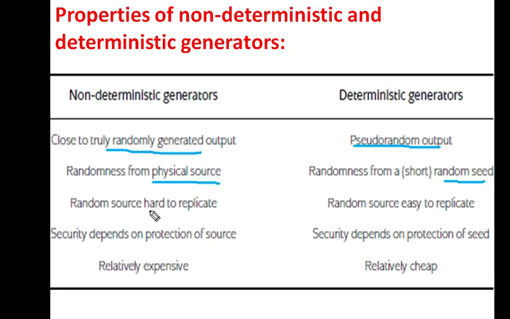A random source is hard to replicate, while here it is easy to replicate. Replicate means duplicate. There, security depends on protection of the source; here, security depends on protection of the seed value. Non-deterministic generators are relatively expensive, and deterministic generators are relatively cheap.